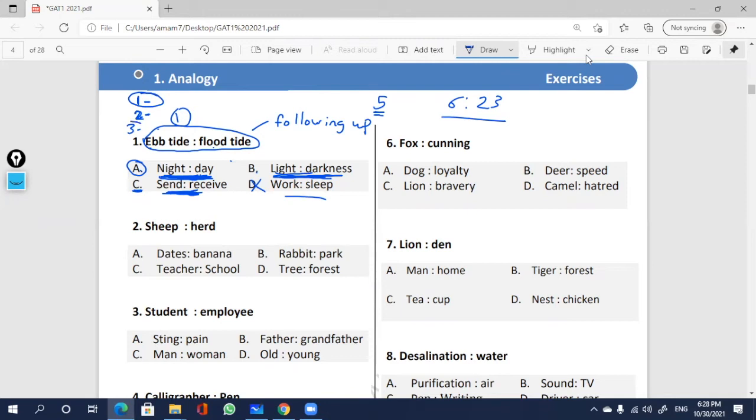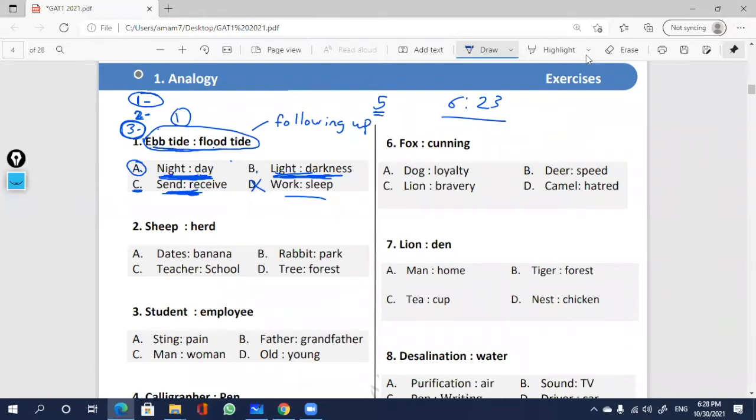So you have to go to the third step, which is to compare the remaining choices and identify the similarities and differences. You will notice that night and day also have another relationship, which is following up.